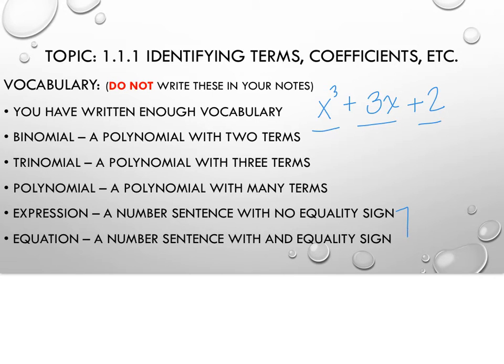The last 2 vocabulary words, expression, is a number sentence with no equality sign, like 7x minus 1. That's an expression, there's no equal sign. But if it was 7x minus 1 equals 12, that's an equation because it's a number sentence with an equal sign.